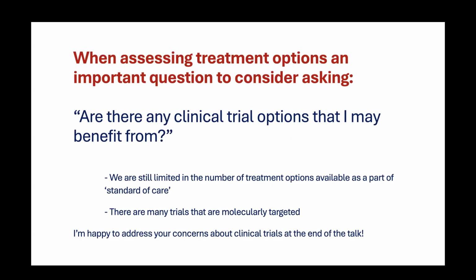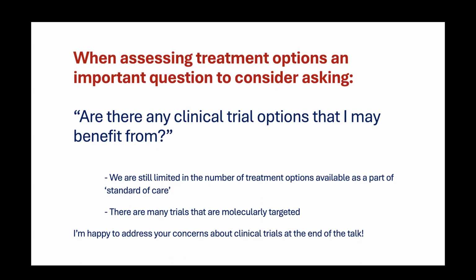And then again, where does this all come to? Since we have a limited number of approved therapies, oftentimes we're thinking about clinical trials, and many clinical trials are targeted. So I think it's important always to ask your physician if they have the ability to be involved in clinical trials. What options do I have, and what may I benefit from? Some people are pretty nervous or hesitant about this, but clinical trials are basically medicine of the future.